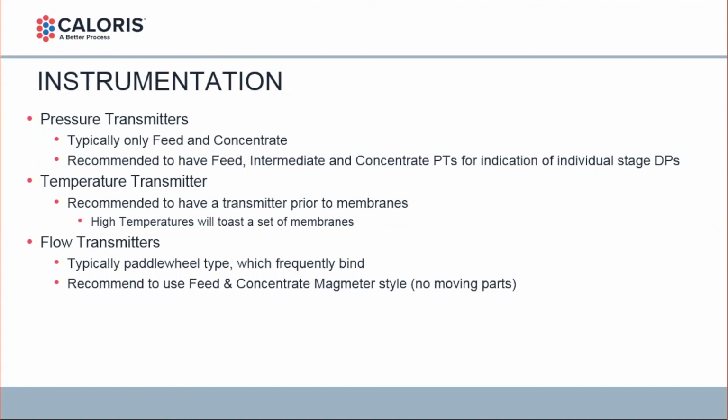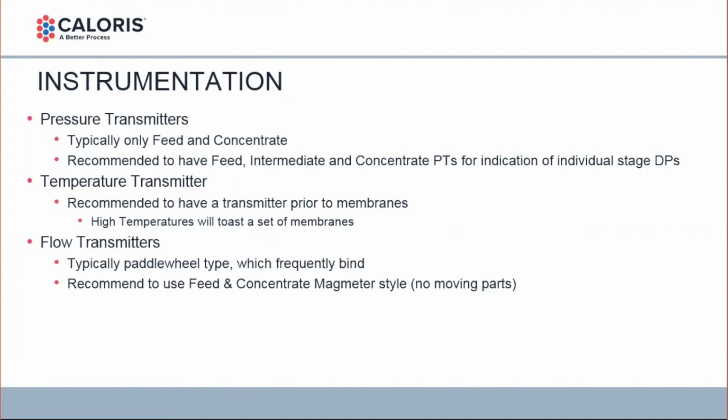Why that's important: RO fouling issues can be best diagnosed by knowing which stage has the abnormal pressure drop. High DP in the second stage means you have a scaling issue. If you have a high differential pressure in the first stage, that usually means you have a suspended solids or biofouling issue.